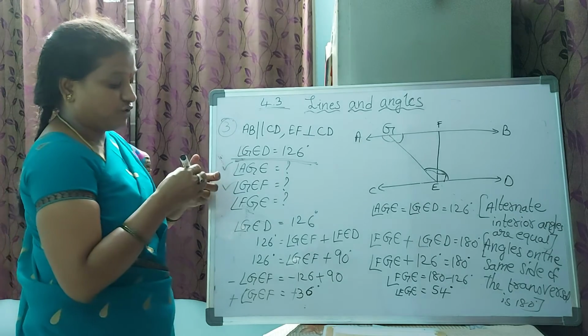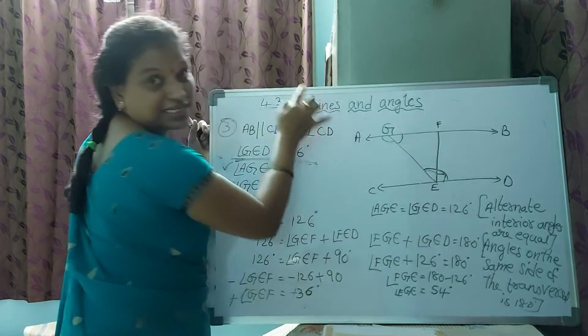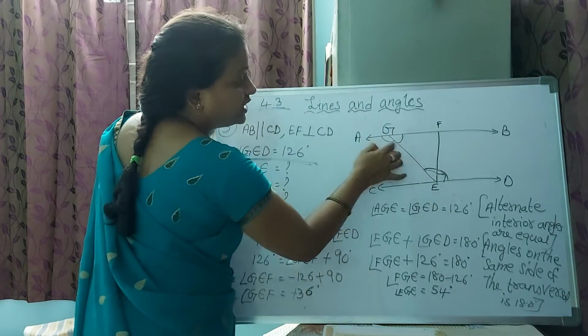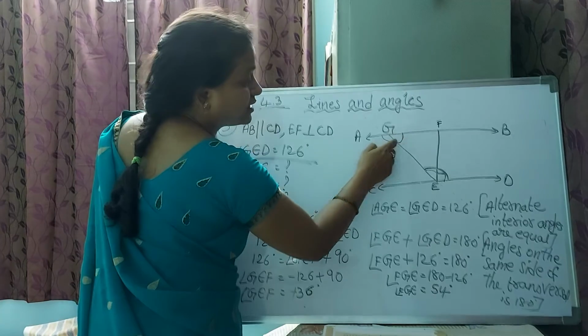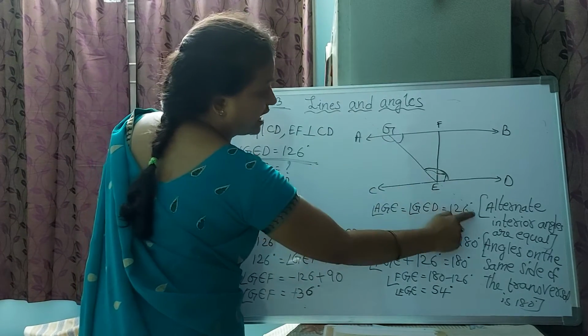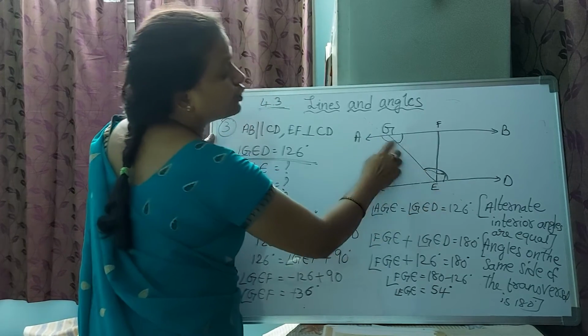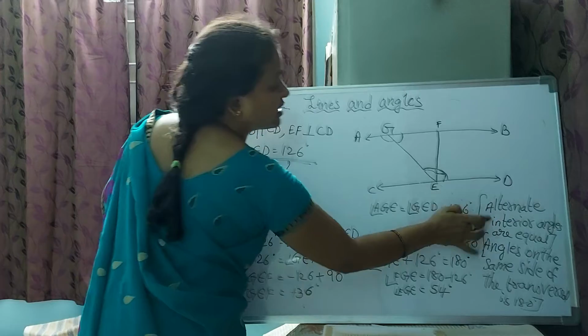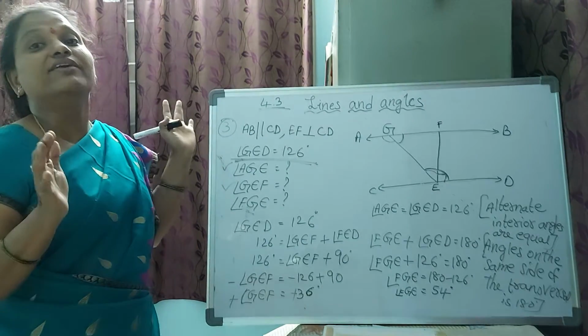Three angles we found. If you think of these as a transversal, these two are angles on the same side of the transversal. If you compare this angle and this angle, these two are alternate interior angles, and they are equal. That logic should be in your mind every time.